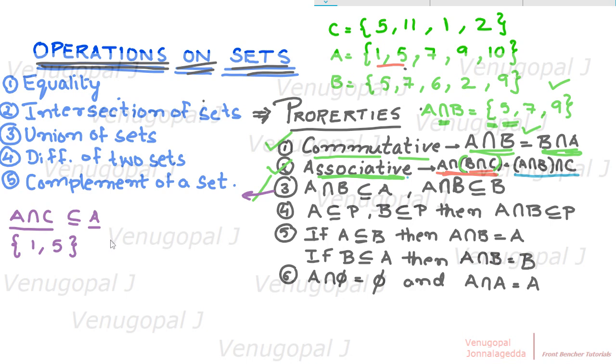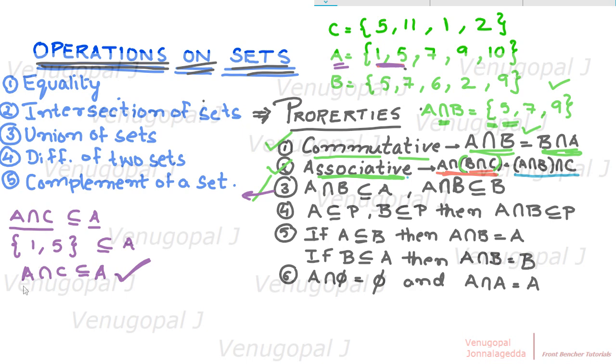Let's see if it is a subset of A. Here is A. So 1 and 5, yes. So A intersection C is a subset of A, which is also true. We understand that a subset is when all the elements of a particular set are present in another set.